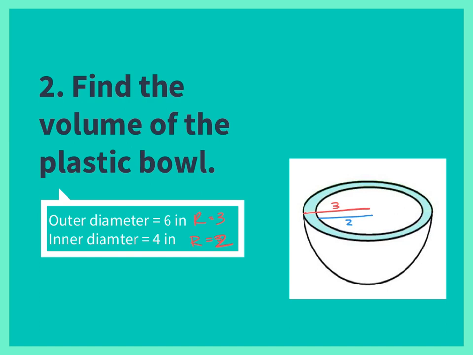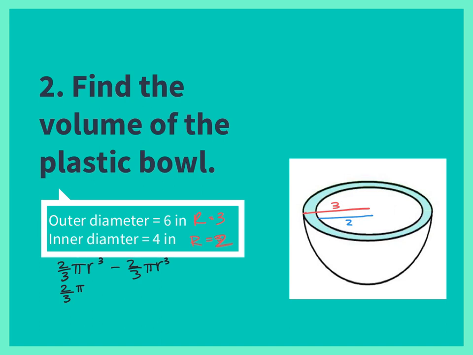What we're going to do to figure out how much plastic we have is take the bigger hemisphere, subtract the smaller hemisphere. So we're going to take 2/3 pi times our radius cubed of the bigger hemisphere, take away 2/3 pi r cubed from the smaller hemisphere. So now let's substitute in what we know. We have 2/3 pi.